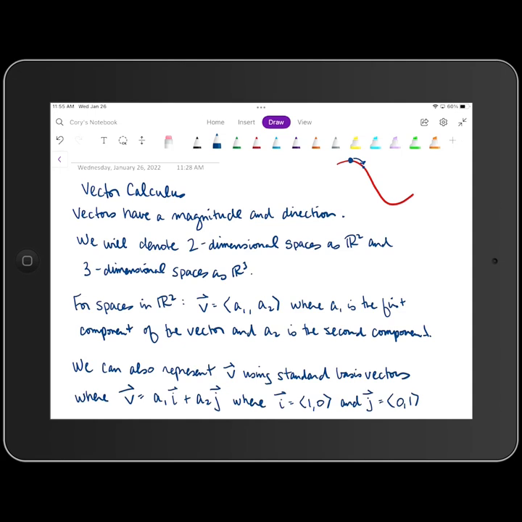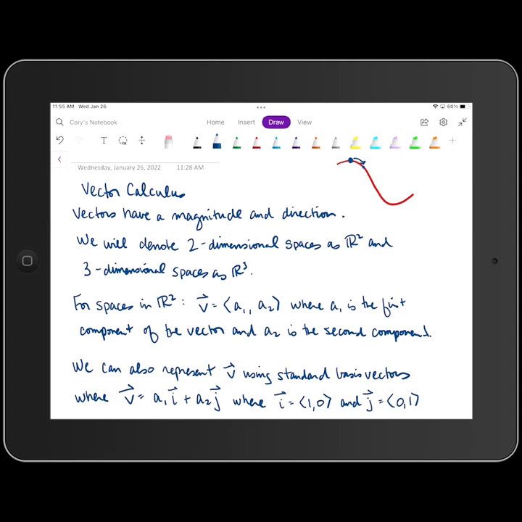So you will either see a bolded V or the notation that I use. And then vectors themselves have triangular brackets. So this vector v contains the first component a sub 1, and the second component of that vector is a sub 2. That is, I would say, the most common way to see vectors represented.